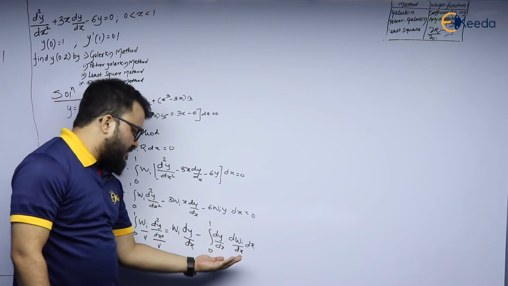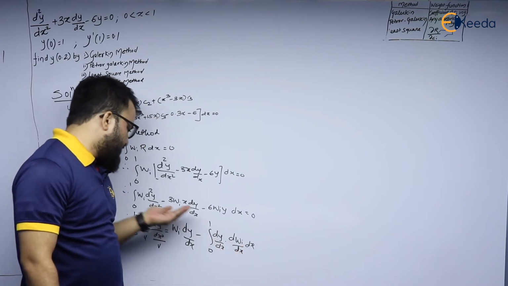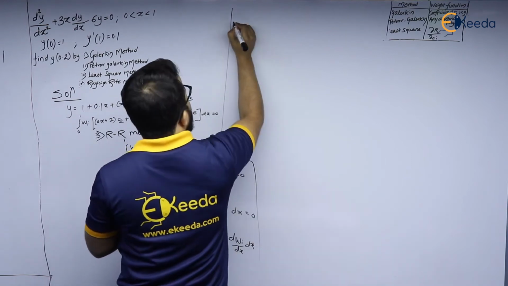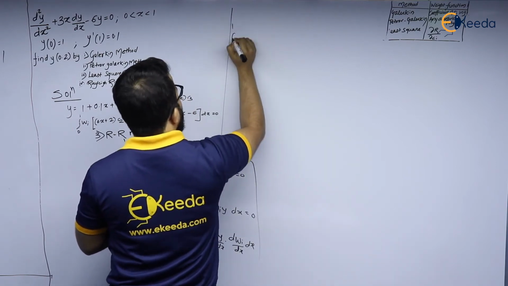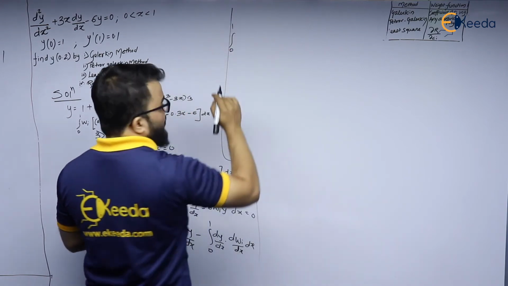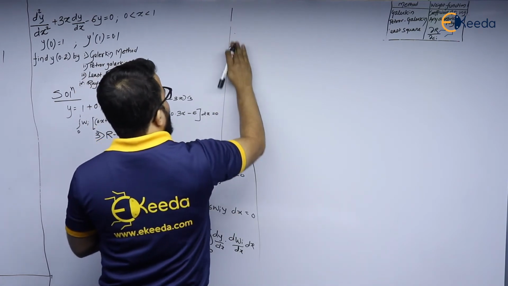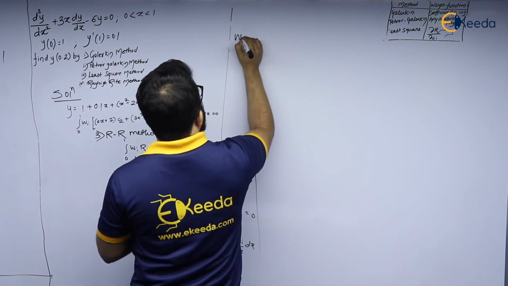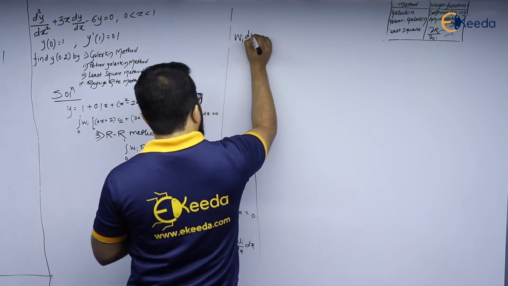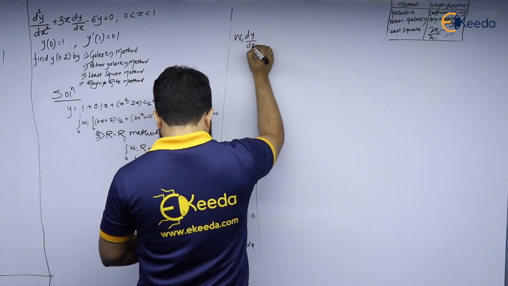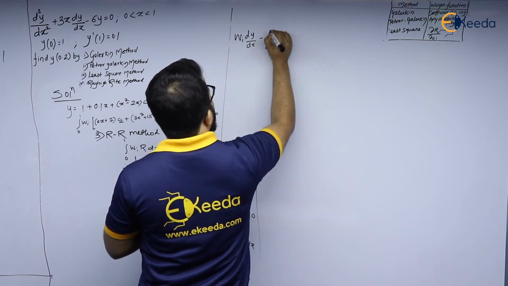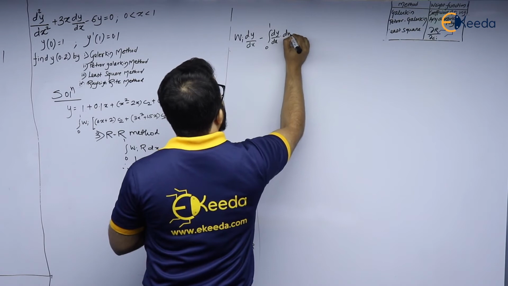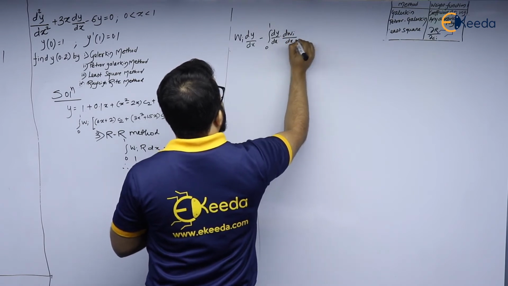Now I will put this solved term in this equation. So my equation looks like this, from 0 to 1. You already found the integration for that, so I will write directly Wi dy by dx minus integral 0 to 1 of dy by dx into dWi by dx dx.